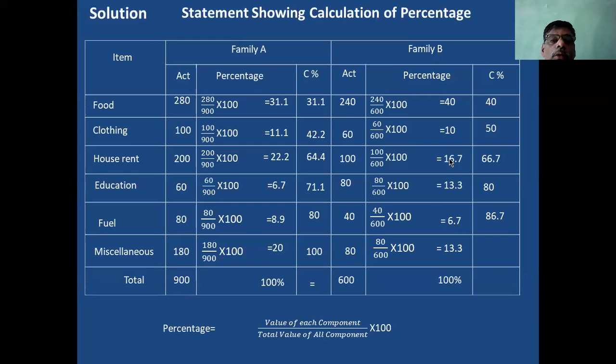Like this, you calculate the percentage. Total percentage is 100. This is the cumulative values, and now the graph. In the graph, on the x-axis you show family A, family B. On the y-axis you show the cumulative frequency values.